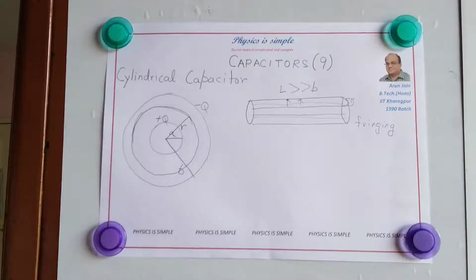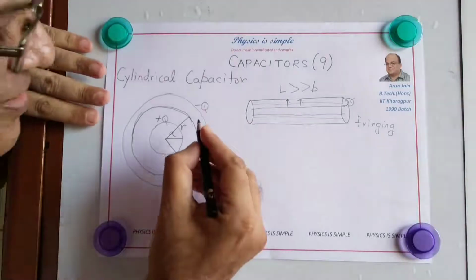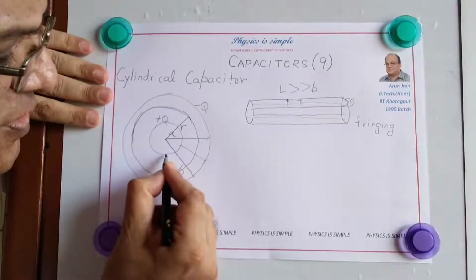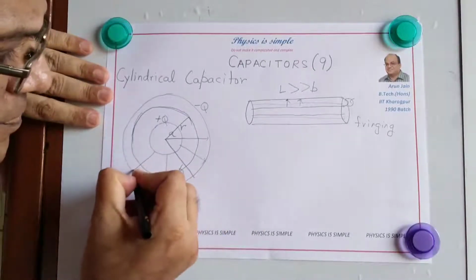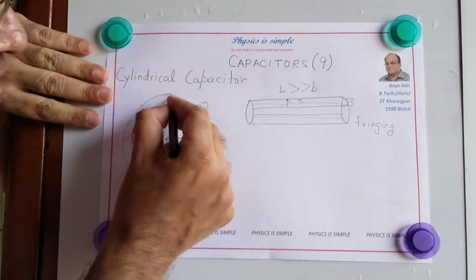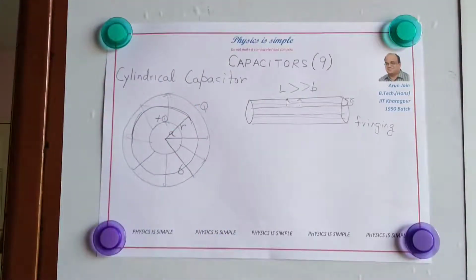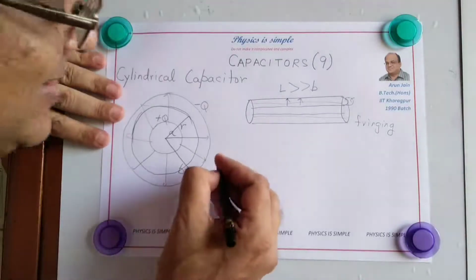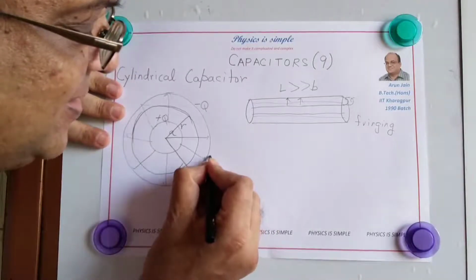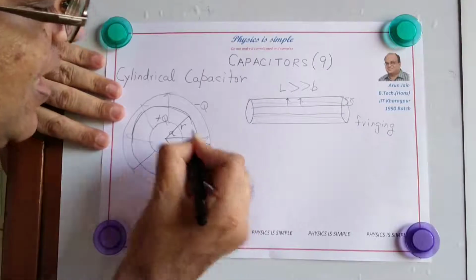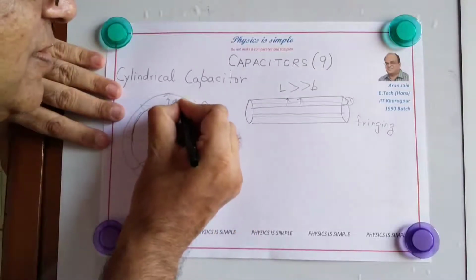It is very easy to understand that the electric field will be radially outwards. So at every point on the Gaussian surface, the electric field is radially outwards. And the area vector at every point on the Gaussian surface is also radially outwards.